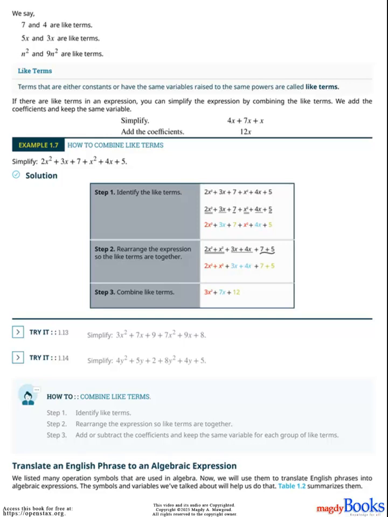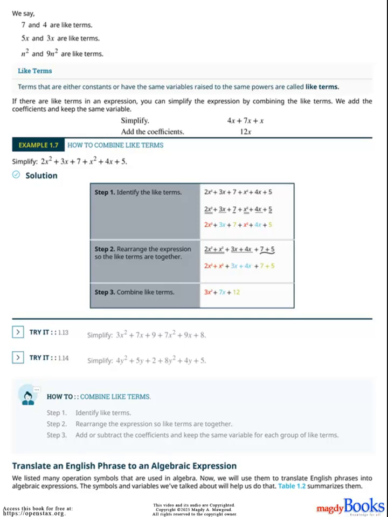Example 1.7. How to combine like terms. Simplify. 2x squared plus 3x plus 7 plus x squared plus 4x plus 5. Solution. Step 1. Identify the like terms. 2x squared, x squared. 3x, 4x. 7, 5.